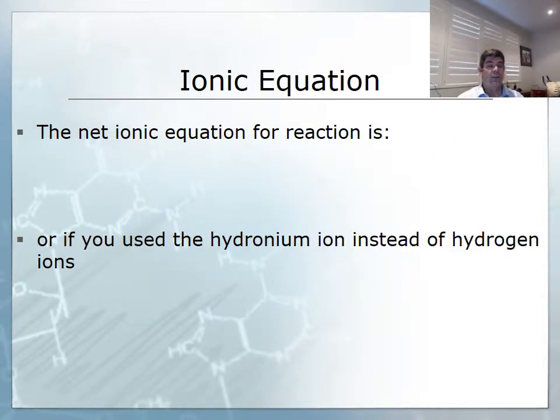Firstly, there's an important net ionic equation for this reaction, and it happens irrespective of which type of acid we happen to be using. Because the acid is going to release a proton, and generally speaking, something is going to happen to the hydroxide concentration of the solution.